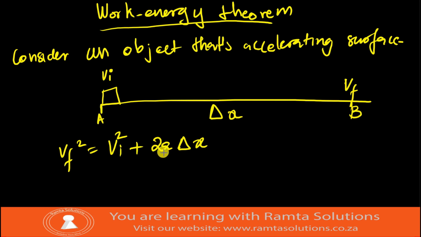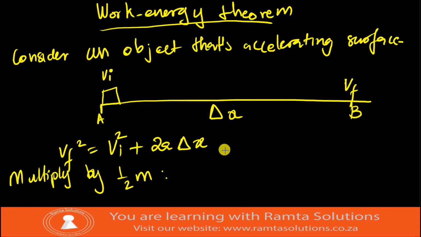Now what if we multiply this equation, equation 1, by half m?